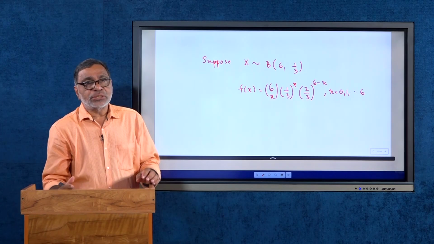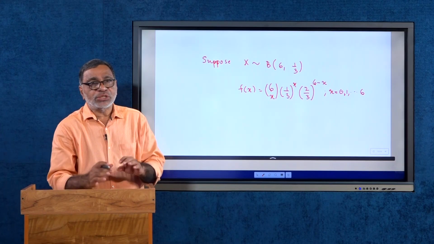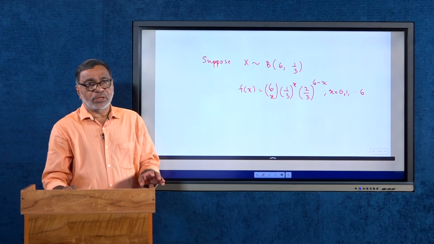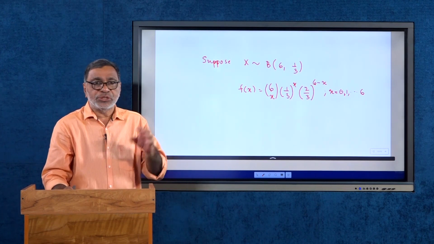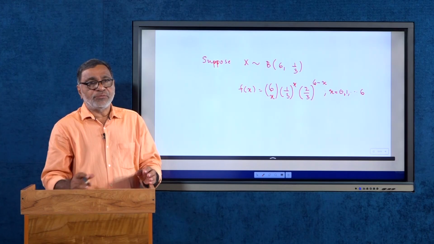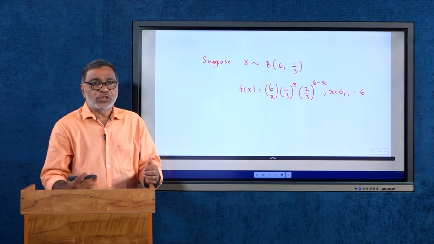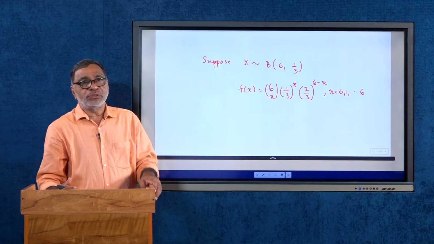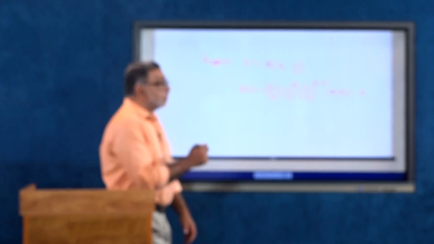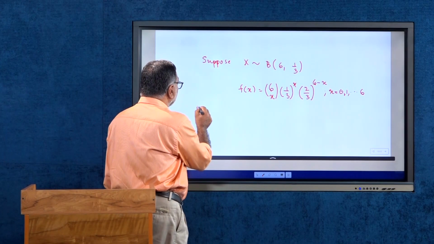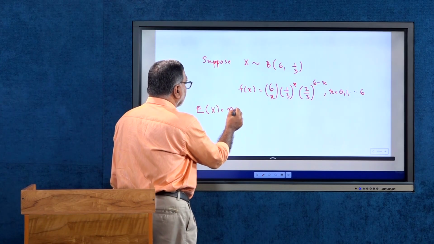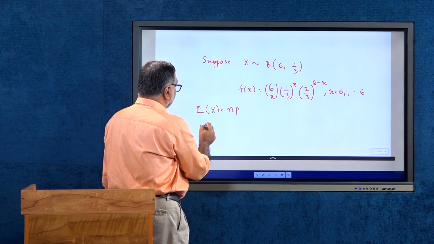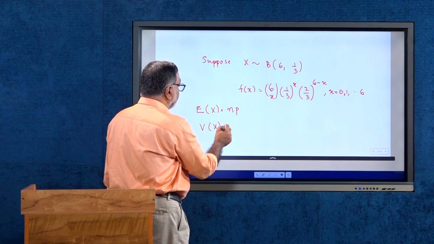Suppose the question is, what is the mean and what is the variance of the binomial random variable? Instead of finding the mean and variance using the definition, it is possible to find them using the expressions that we derived. That is, for a binomial random variable, mean is equal to np and variance of x is equal to npq.